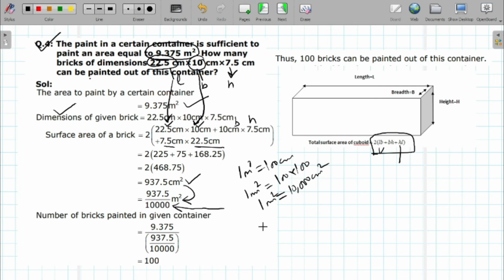so to find the number of bricks, it equals the total paint upon the surface area of one brick.